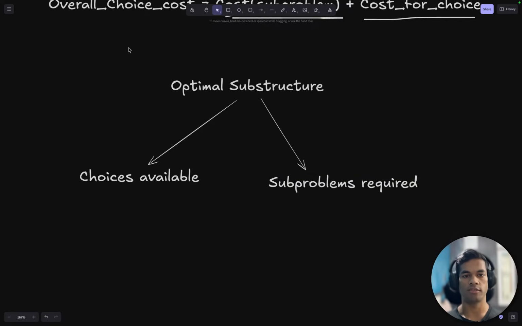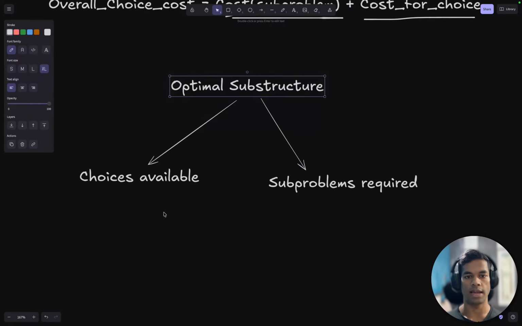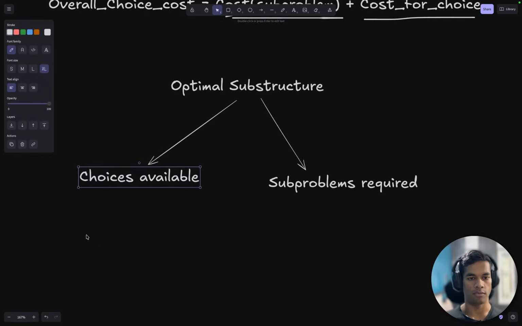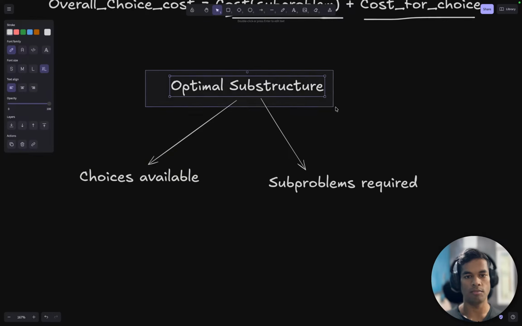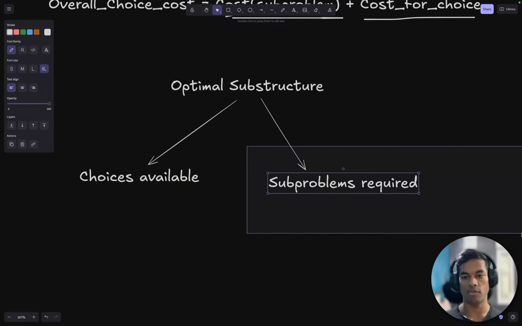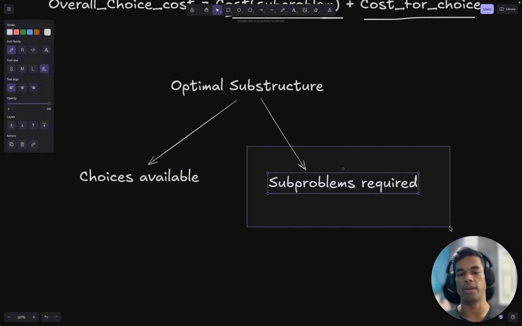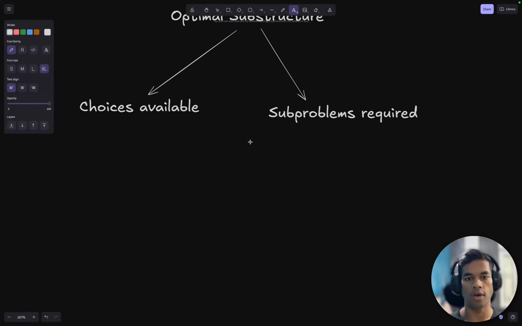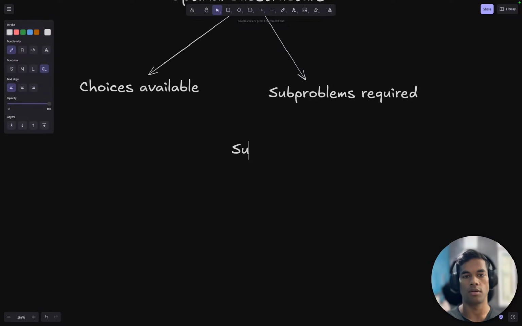Optimal structures can vary on two factors: one, the number of choices that are available at some point, and two, the number of subproblems that would be required to be solved for making that choice. And that is cool.